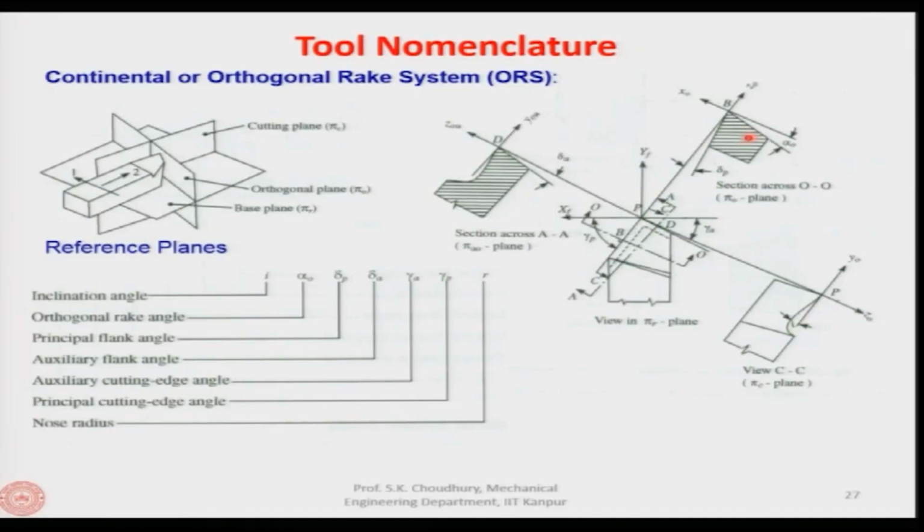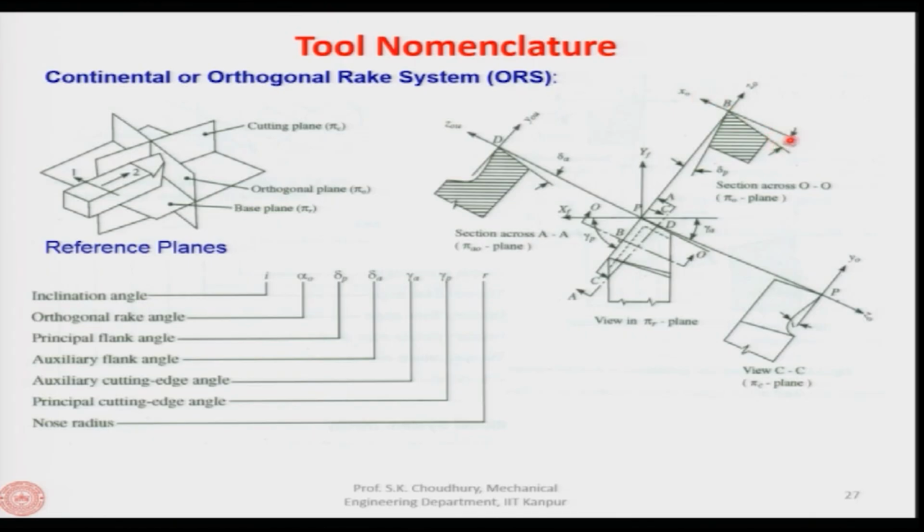Now, in here, this is the plane which is the orthogonal plane. This is perpendicular to the principal cutting edge, and in this view you will see that the flank face is here. So, this rake face will make an angle perpendicular to the cutting velocity vector, which is the x axis actually.